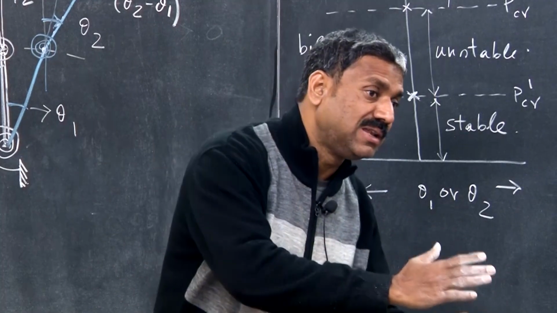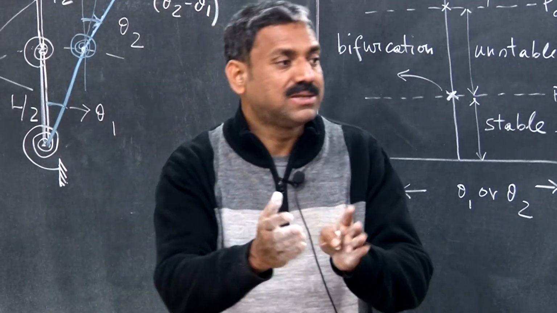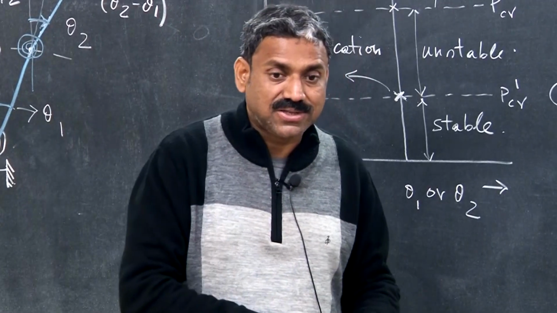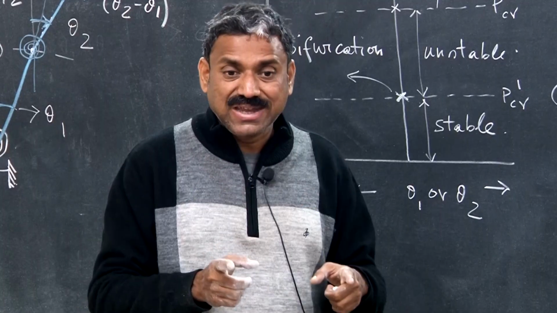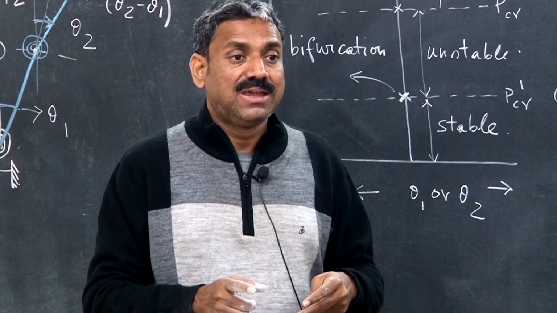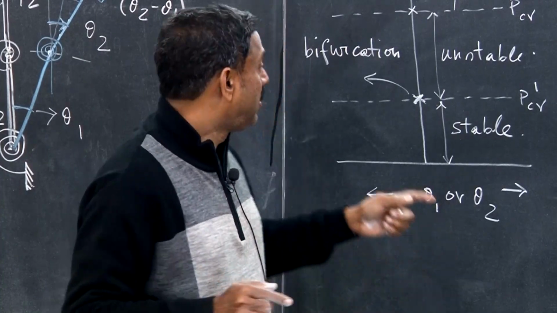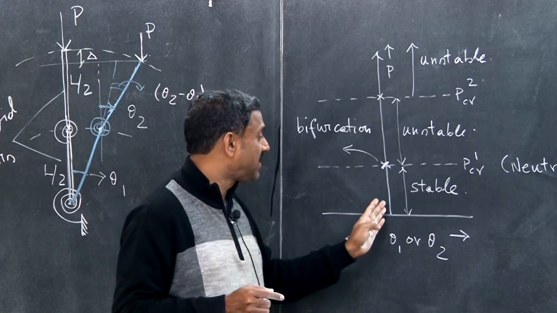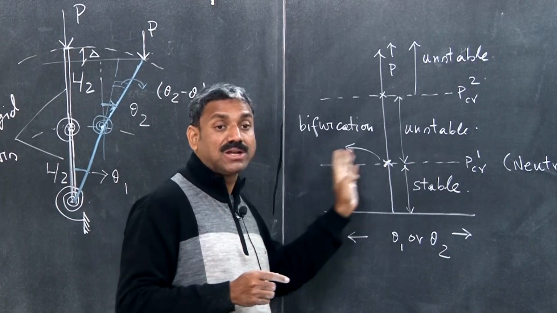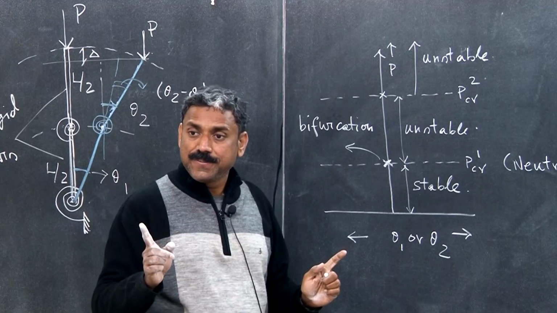If you perturb in the positive direction, it will go positive; if negative, it will go negative. So the symmetry is broken. This phenomenon is called symmetry breaking. Why is it called bifurcation? Because a stable configuration is bifurcating into an alternate configuration. Clear?